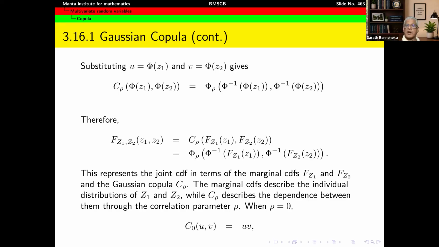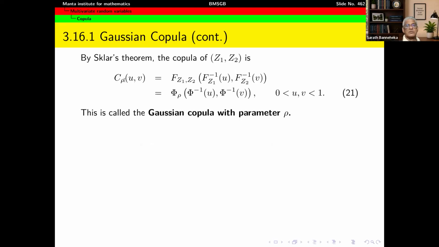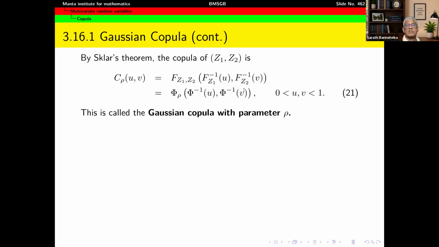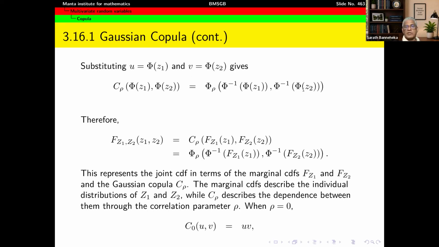That is, this is capital F_{Z1} evaluated at z1, and this is capital F_{Z2} evaluated at z2. So using this notation, I can write down this expression, C_rho(u, v), as this. And then this u and this v can be replaced with Phi(z1) and Phi(z2), right? So here, actually, this one is F_{Z1}, this is F_{Z2}, and this is F_{Z1} and F_{Z2}.